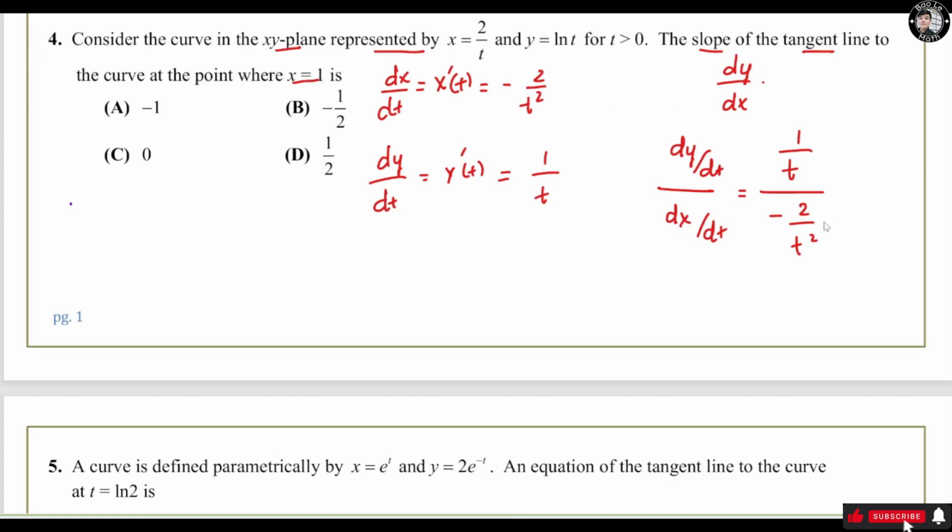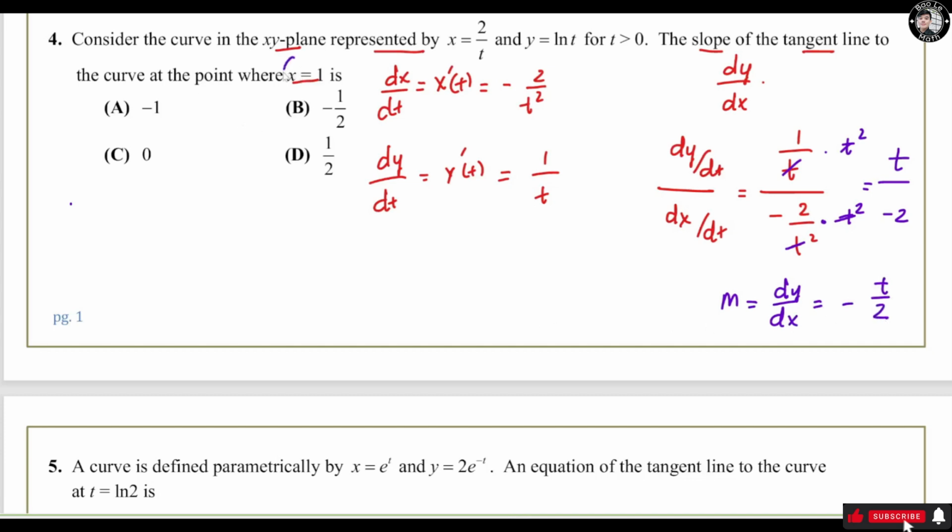Now we need to multiply the top and bottom by t squared, right? This guy cancels out, so it's going to be t on the top. The bottom, this guy cancels out, it's going to be negative 2, right? So the slope is dy over dx equals negative t over 2, right?